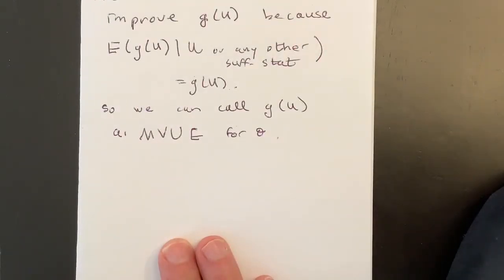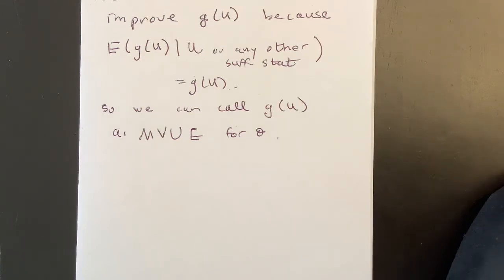Now, there is one little caveat. If I start with one u as opposed to another, it is possible to get different g of u, and some may have lower variances than others. We're not going to make that distinction in our course. It's pretty subtle, and generally we can just ignore that subtlety.